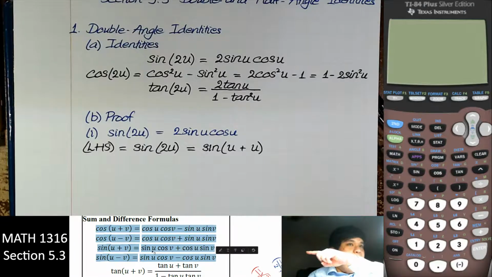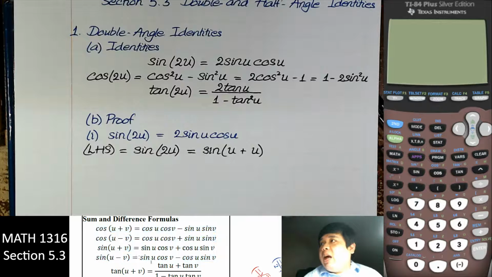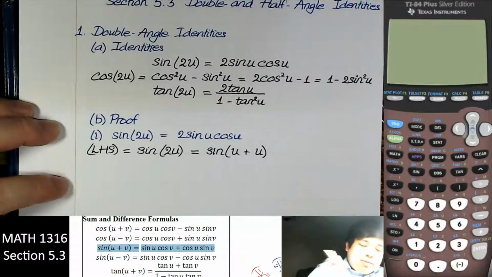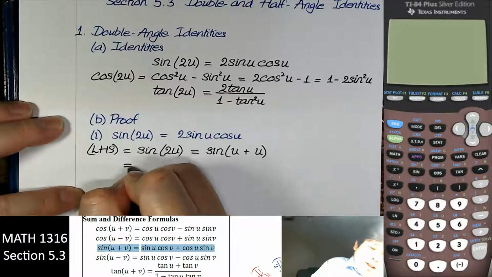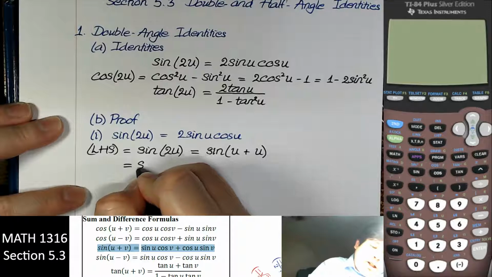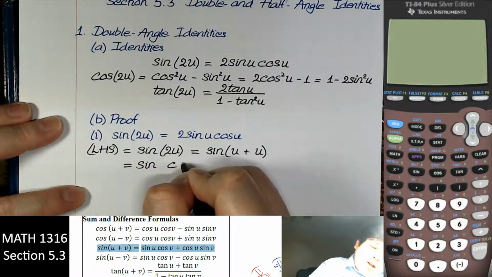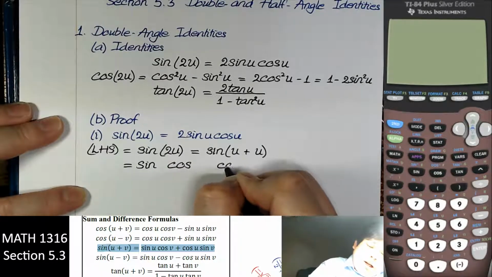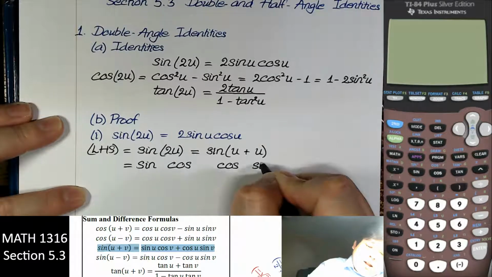Now we use that formula, but instead of v, we're going to use u. So we have sine, cosine, and then cosine, and sine.